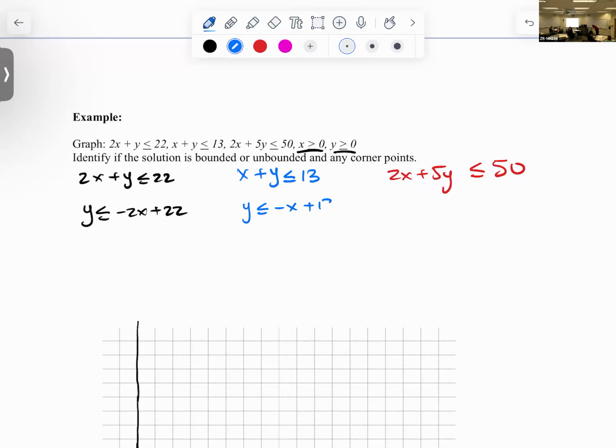We just pulled the pieces out of it. I'm just solving them into y equals mx plus b.